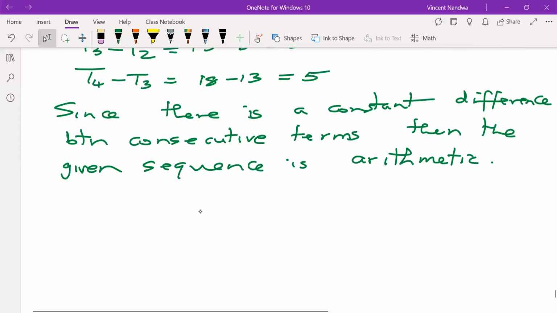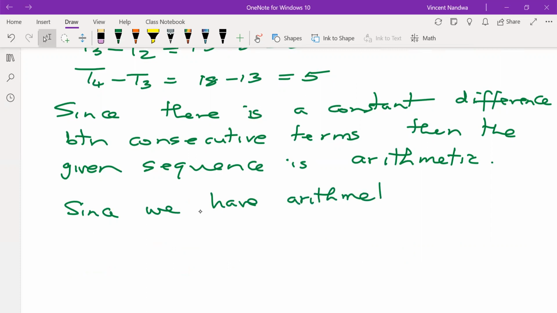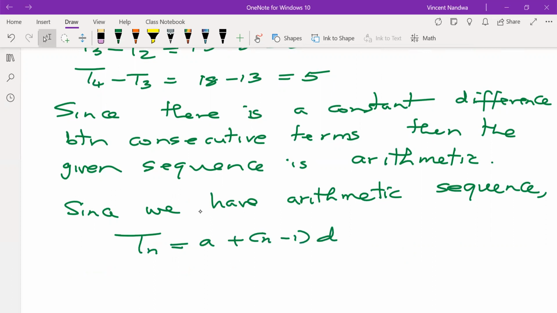And since now we have an arithmetic sequence, we know that Tn is A plus n minus 1 times D. So in our case, A is given by 3, and D from our calculation is 5.